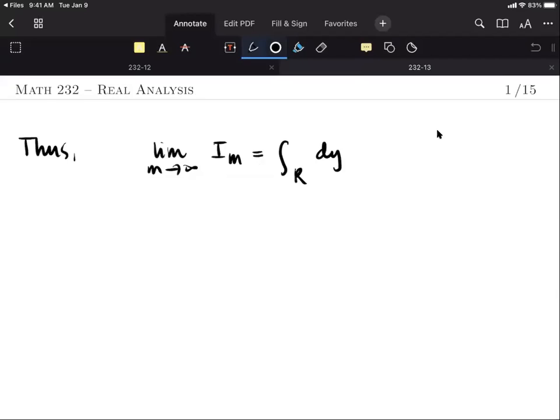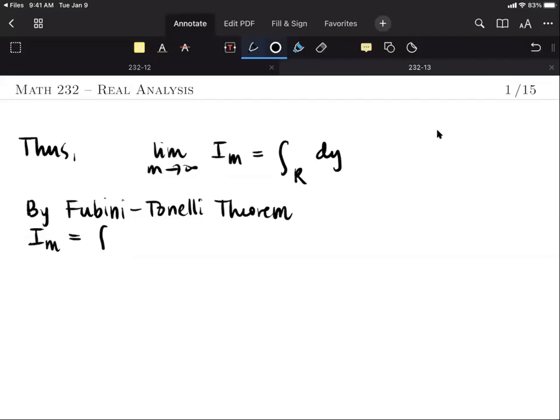That will be done by interchanging the order of integration. In particular, if we apply the Fubini-Tonelli theorem, you can see that. Okay, so taking a look at the formula for I m, we interchange the order of integration.